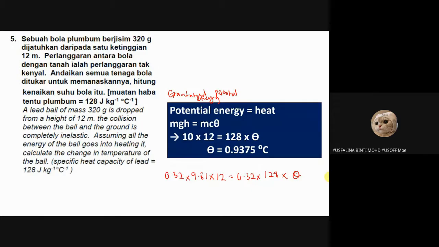Before I stop, let me summarize what we learned today. Heat capacity is the amount of heat energy that we need to raise an object by 1 degree Celsius, and the specific heat capacity is the amount of heat needed to raise 1 kg of an object by 1 degree Celsius.